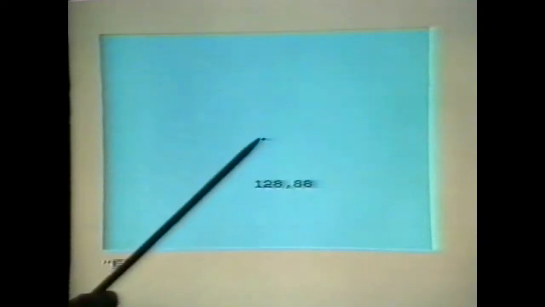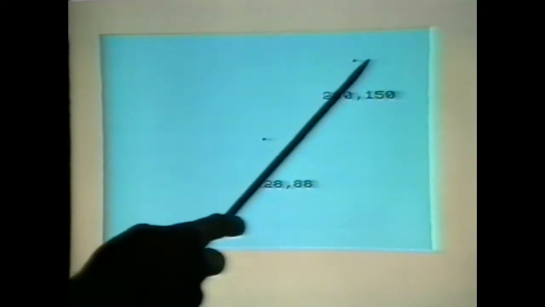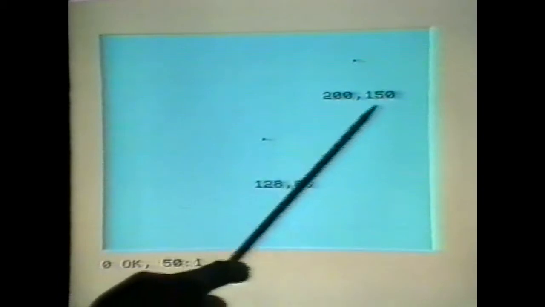The point in this position is referred to by the numbers 128, 88: 128 across and 88 up. The point in this position here is 200 across from the left, 150 up from the bottom. So its two coordinates, the two numbers that identify it, are 200 and 150.